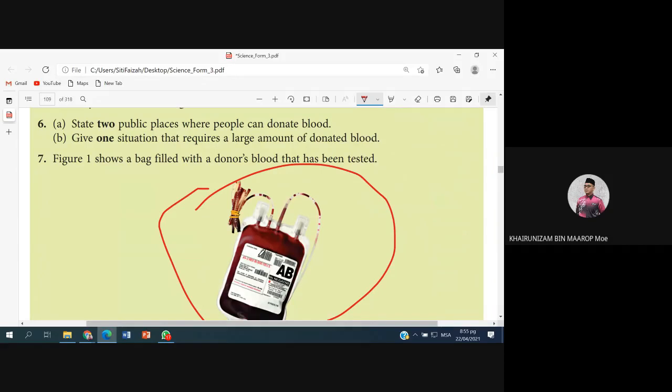This is the red blood cell. See? Red blood cell. Maksudnya ini hanya sel darah merah. Sel darah merah saja.